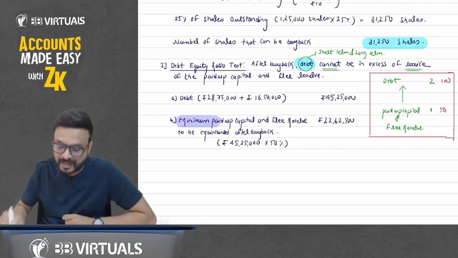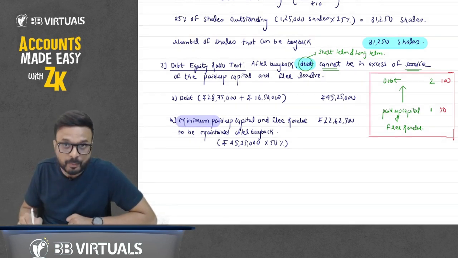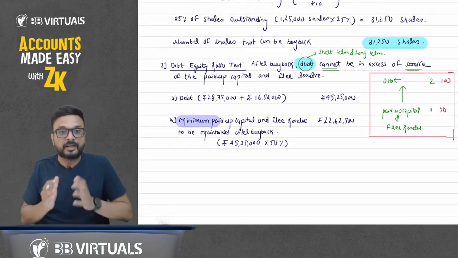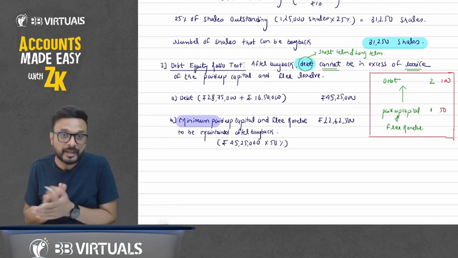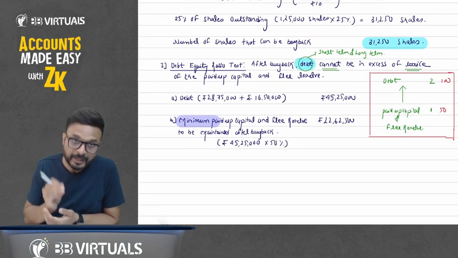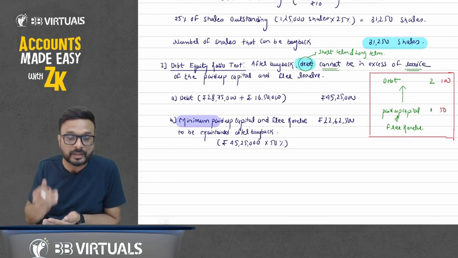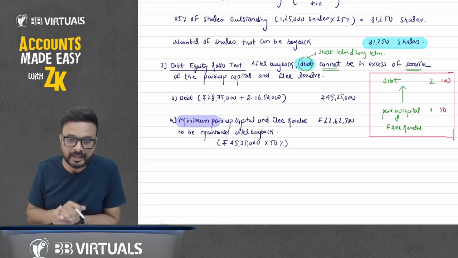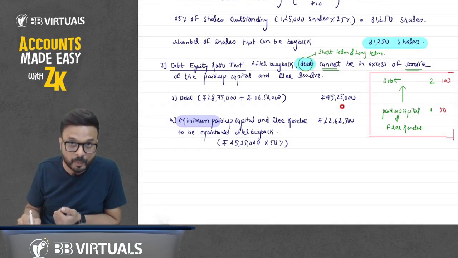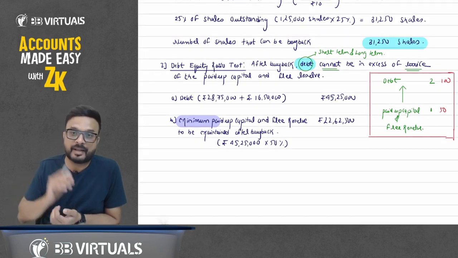That's why it cannot be more than twice of the paid up capital. It means the minimum we should maintain after buyback in paid up capital and free reserve is 22,62,500. It cannot be lower than this. If it is lower and you double that amount, then your debt will be more than twice of the paid up capital and free reserve.